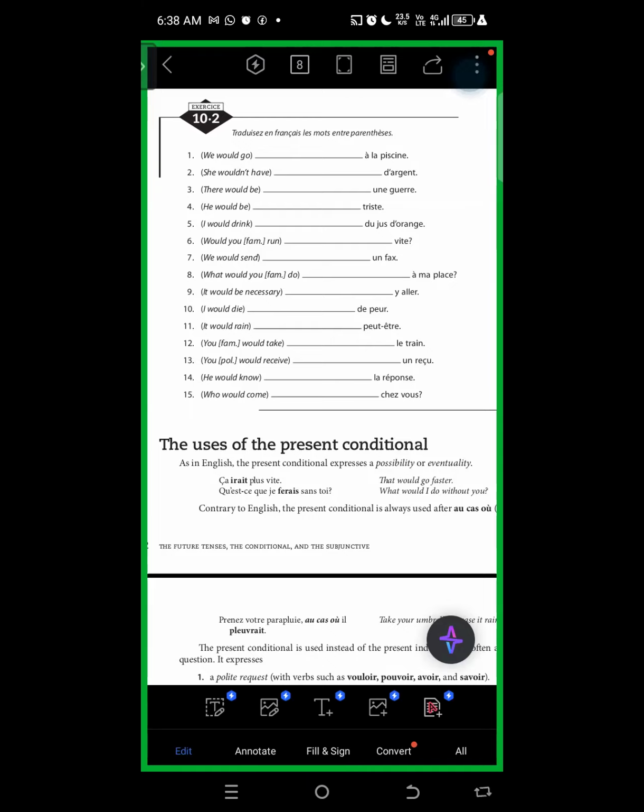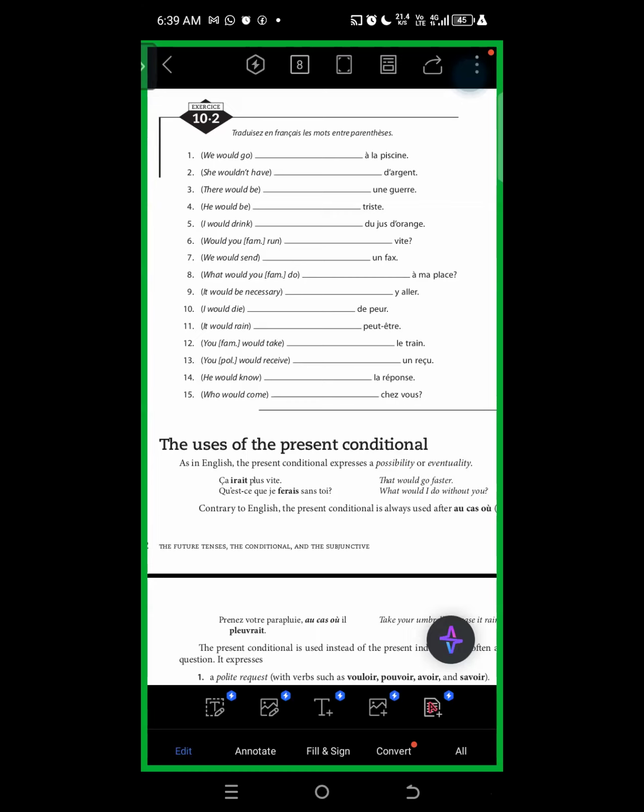Que, for what. Then for the verb, that would be faire, right? Que ferais-tu. Good. Que ferais-tu.